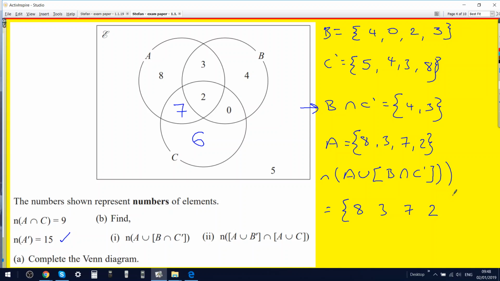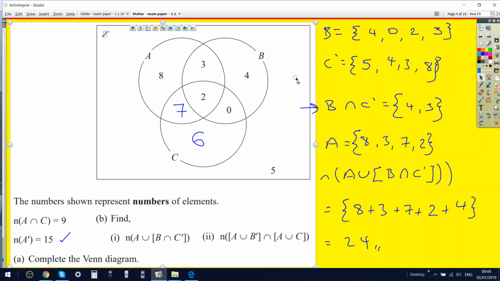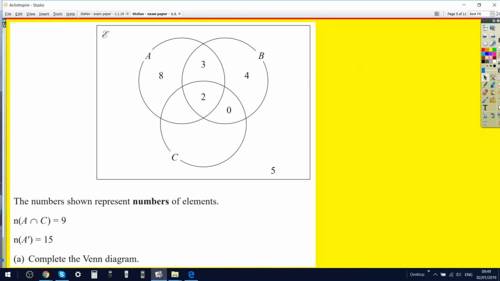Yeah. 8, 3, 7, 2, and 4. And you just don't count the 3 twice. And those are what you add up. And then that's 24. That's it. Okay. And then the next part, I'm just going to have to make more room.